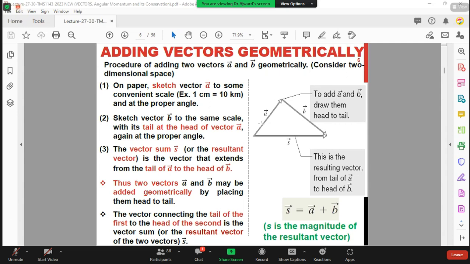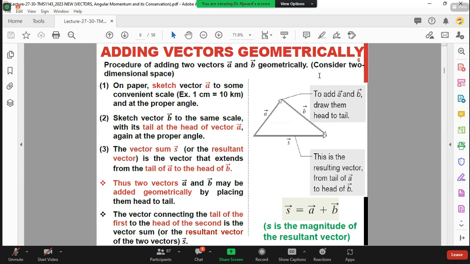Here it is explained how to add two vectors. For example, if there are two vectors, vector A and vector B, you can add them graphically on a graph sheet. Or if you have a piece of paper or your notebook, you can try this.